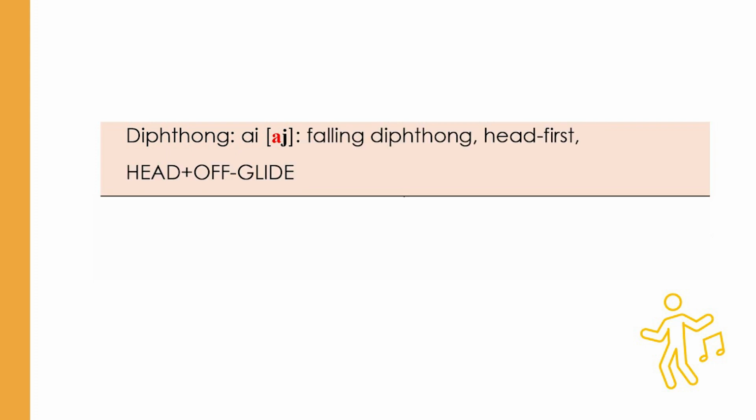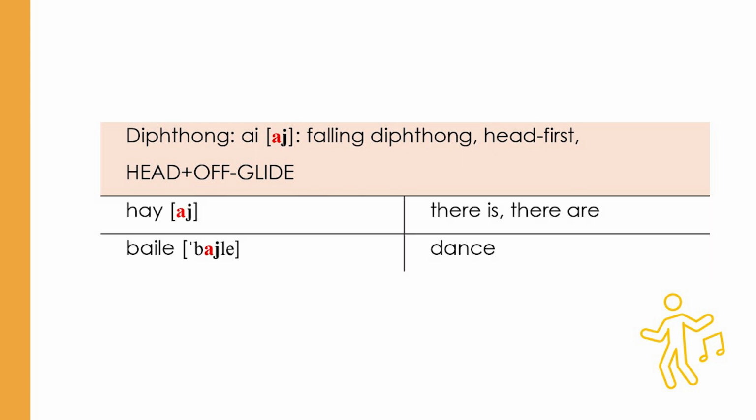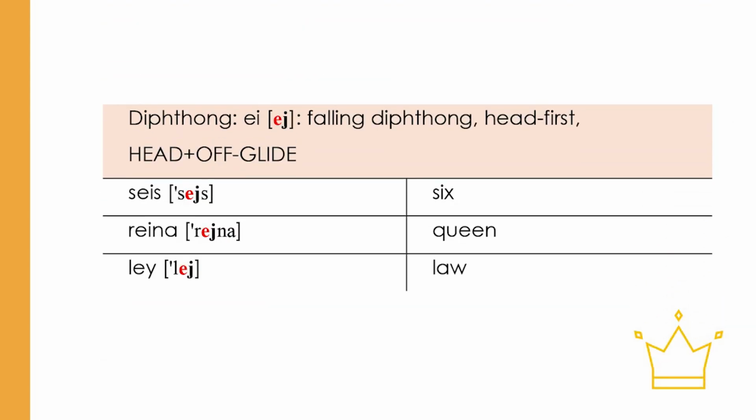I'm using a simple transcription here. What is this? By now you should be able to tell that this is a falling diphthong in Spanish. Examples of this falling diphthong: "baile". What about this one? Diphthong, head first, has an off glide, therefore it's a falling diphthong.